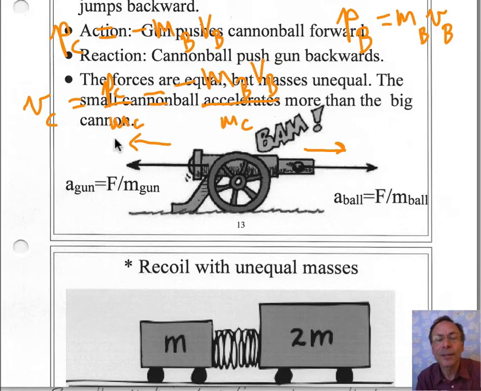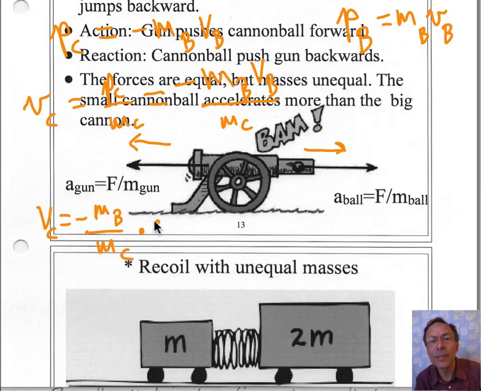Let's write this a little more neatly. I've got Vc, the cannon's velocity, is minus the mass of the cannonball over the mass of the cannon times the velocity of the cannonball. This is pretty good.